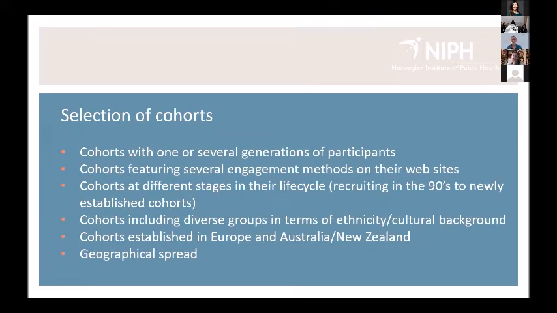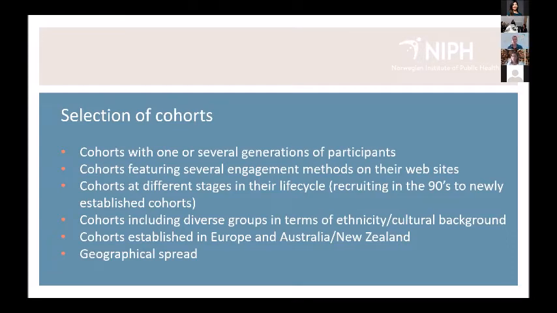So the strategy we used is that we wanted to have a mix of cohorts with either one or several generations of participants, and cohorts that were featuring engagement methods on their websites. We were interested in inviting cohorts that are at different stages in their life cycle, so both cohorts that have been running for a while and cohorts that are more recent.